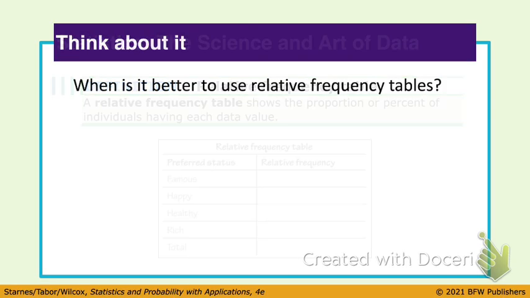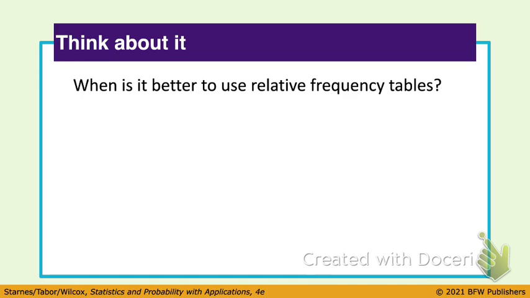Hey guys, why do you think we would want to use relative frequency instead of just the count or the frequency? Why is it better? You get really large numbers. Very good.